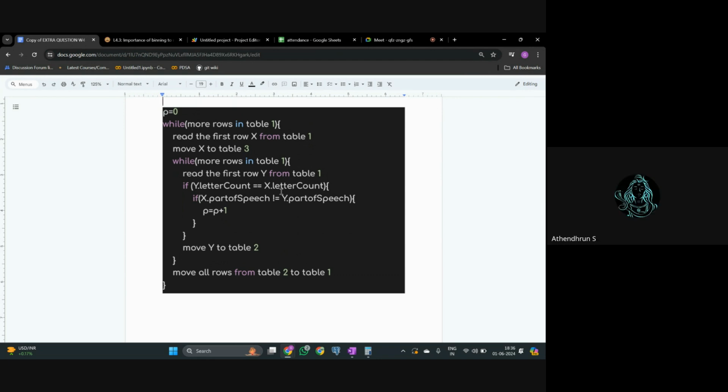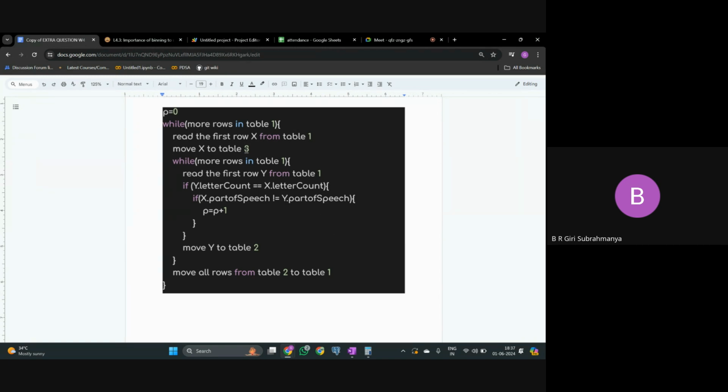Pairs of words which have the same part of speech and same letter count. Anything else? Sorry, sir, not the same part of speech. Having the same letter count but not the same part of speech.